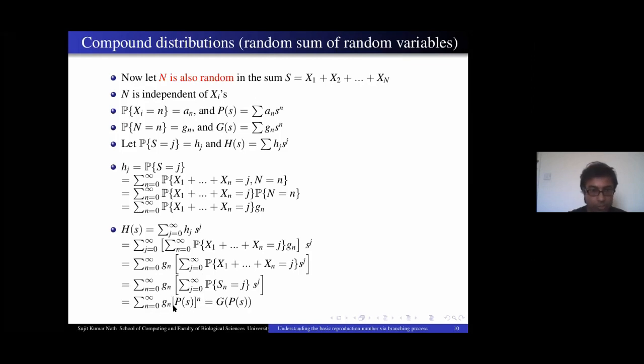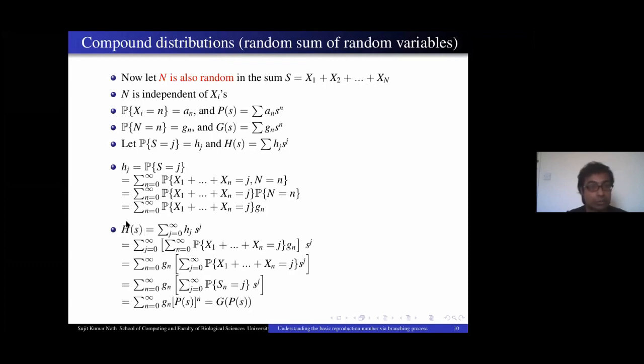If you look at the form of G of capital S, you can see that this term is basically G of P(s). In the argument we have to put P(s), because G(s) is the sum of gn s to the power n. In place of s, if we replace P(s), then you will get G of P(s).